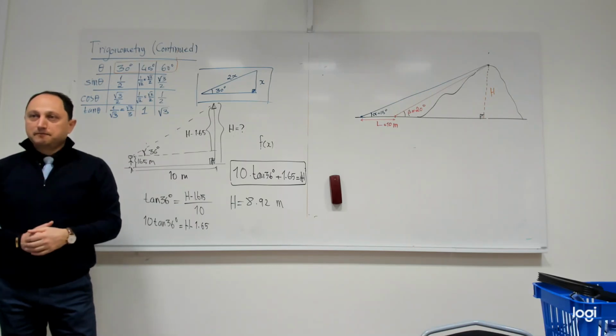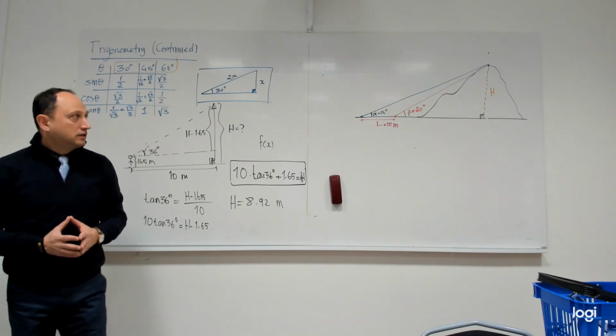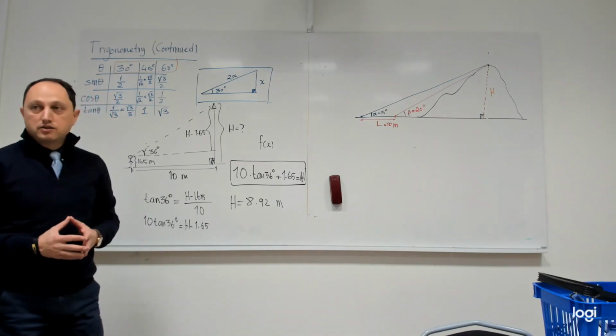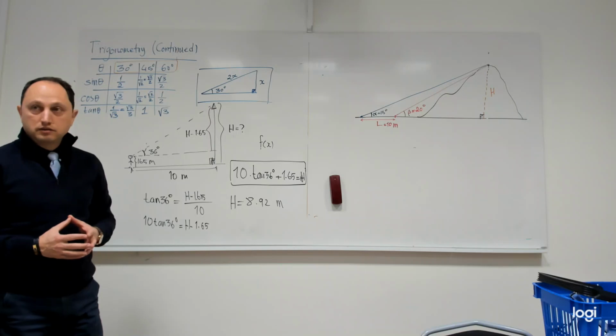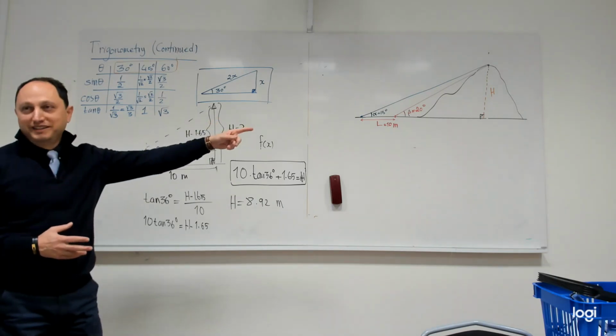Any plan? What if we draw this in a smaller scale? The 10 meters we can draw on the paper as 10 centimeters. That's also in the paper, by the way.